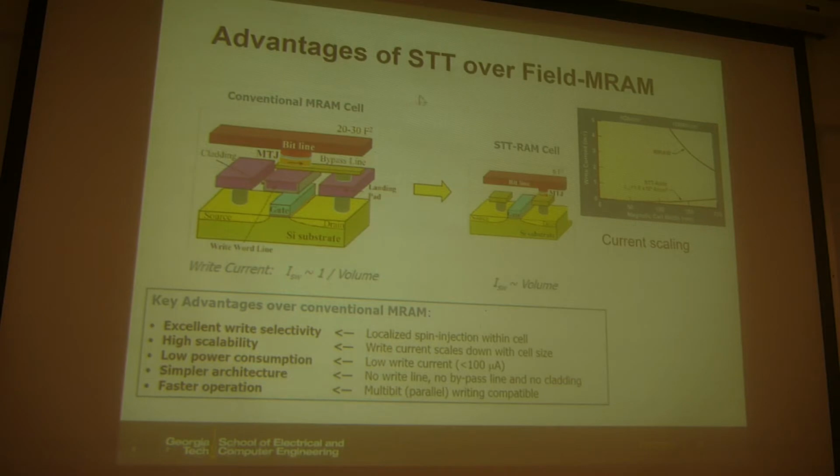So let's look at the advantage of the STT over the Field-MRAM. The key advantage is the scalability of the current. Because in this conventional Field-MRAM, we need to use a large current on this red line here. You pass the current to generate this surrounding magnetic field.